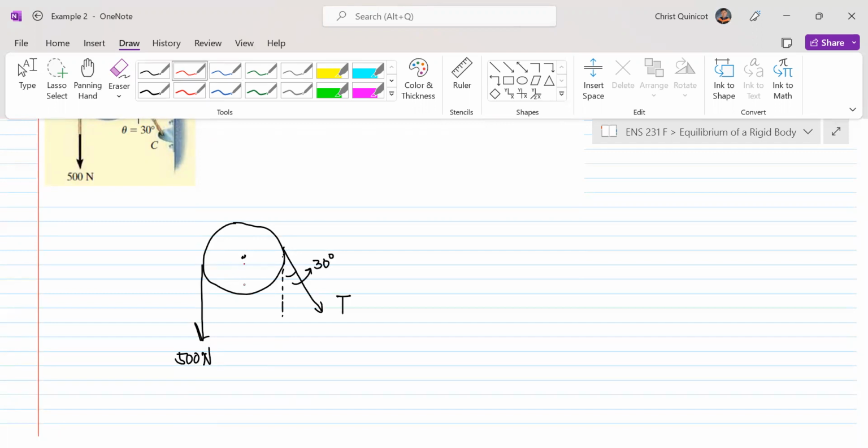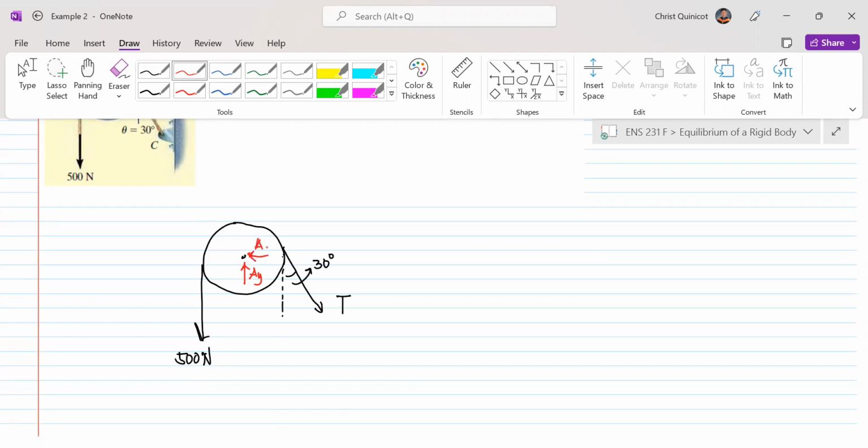We have A sub Y going up, because by inspection, the y component of T is going down, and 500 Newton is also going down. Next would be its x component. Take note that T is the only force there that has a horizontal component and it acts to the right. Therefore our A sub x is to the left.